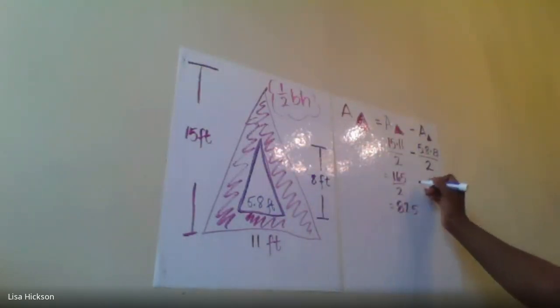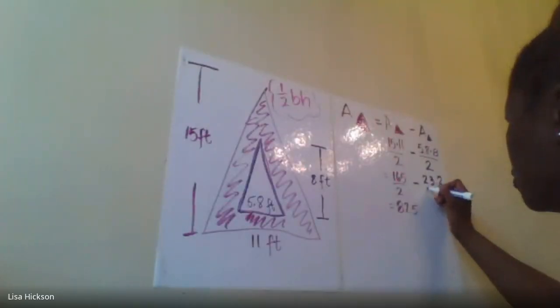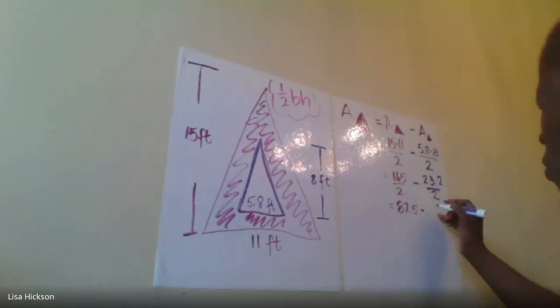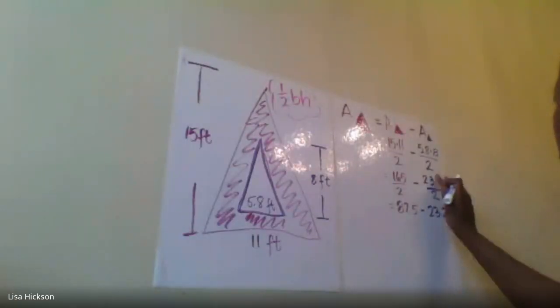That's why she divided by 2. Yeah, and I got 23.2. 23.2 divided by 2. For the little triangle. Okay. And that's your final? Yeah. Okay, 23.2. Wait a minute.